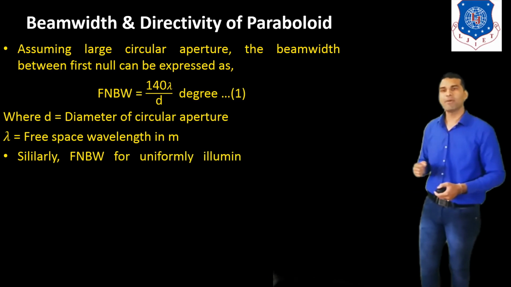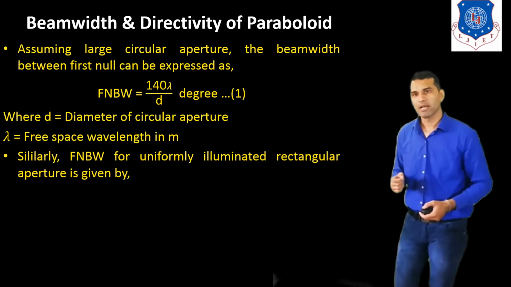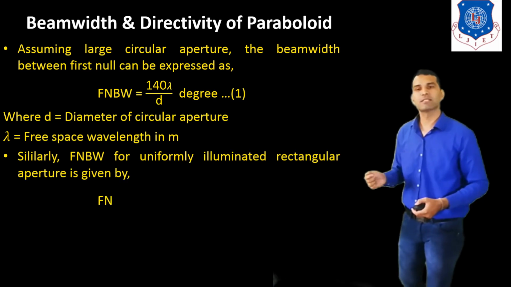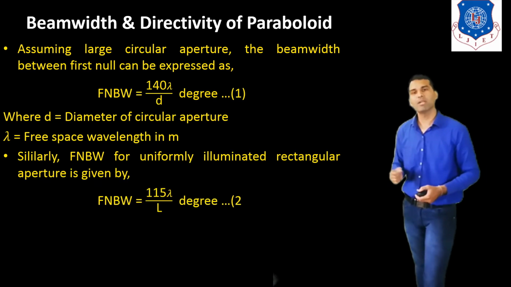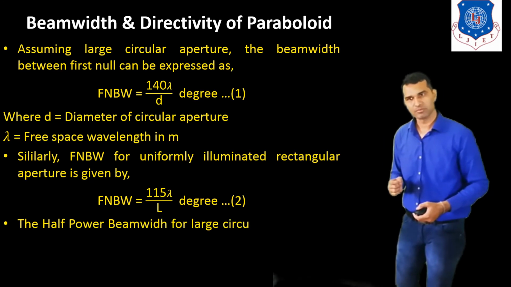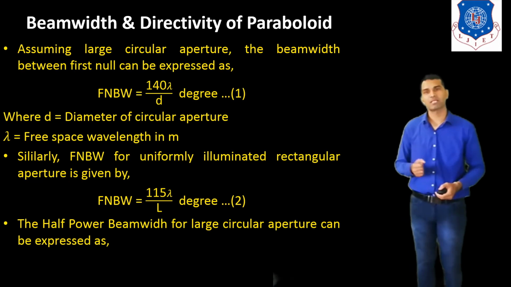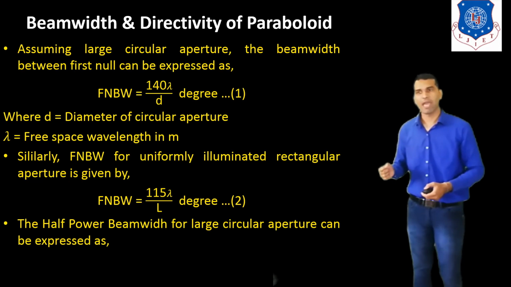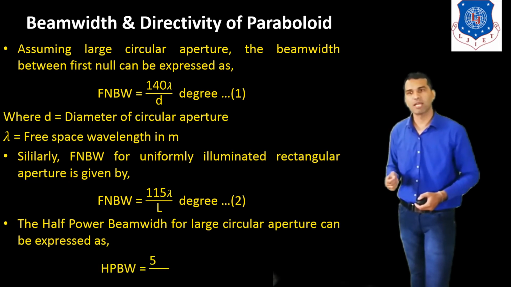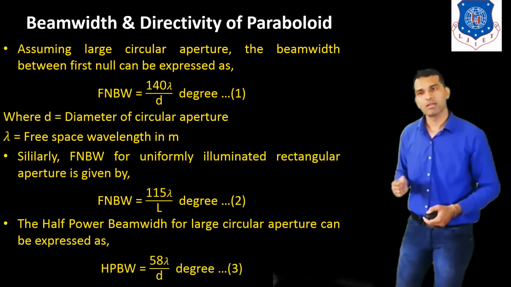Similarly, the HPBW for a uniformly illuminated rectangular aperture is given by HPBW = 115 λ/N, and the half power beam width for a large circular aperture can be expressed as HPBW = 58 λ/D.